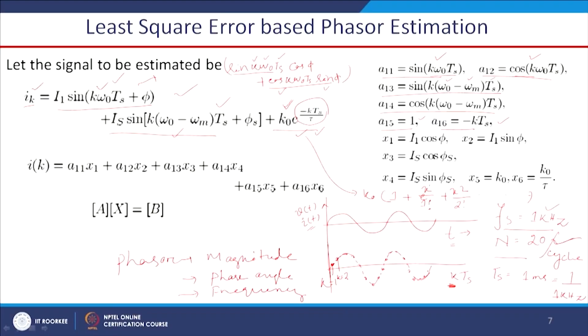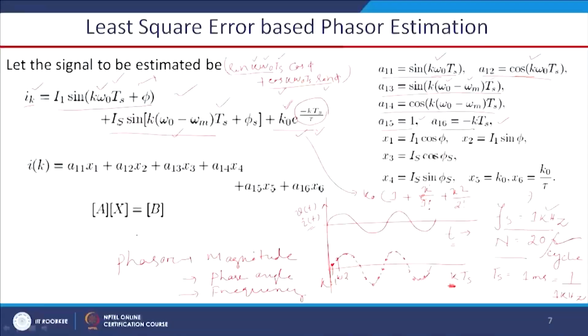Now, if I put this equation into the decaying DC component part of my current signal, and omit the higher orders, it will look like k0 times (1 minus kTs divided by tau), which is k0 minus k0 k Ts divided by tau.